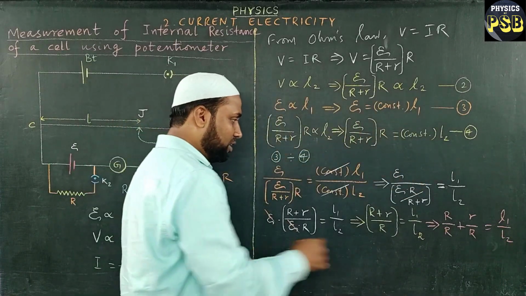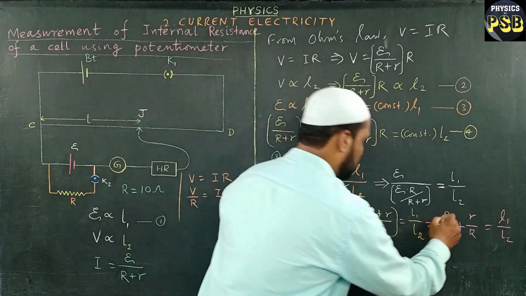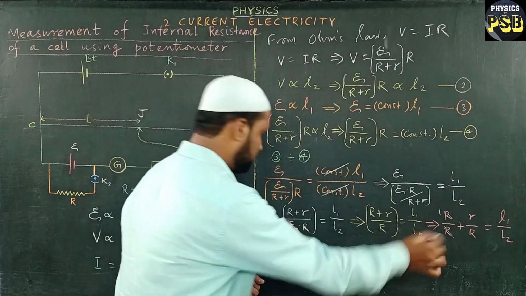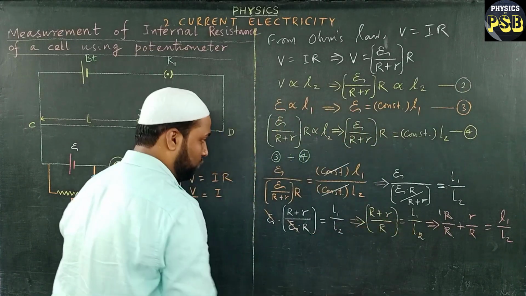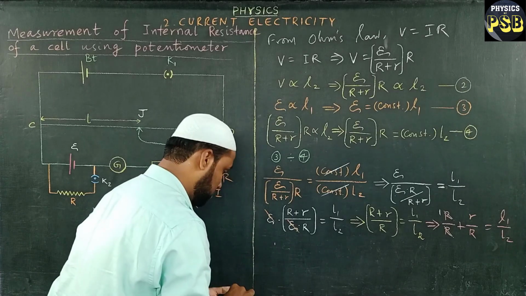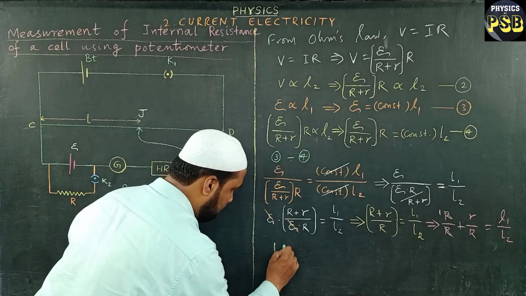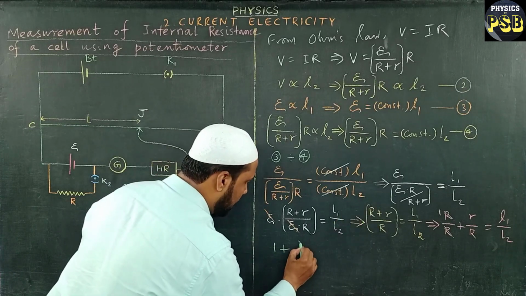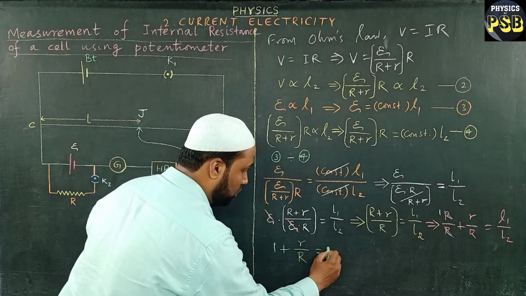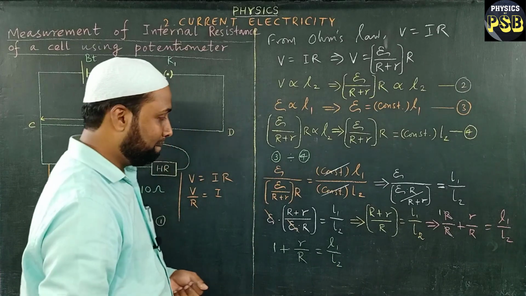Now if you look at this, these two get cancelled, it becomes 1. So this equation can be written as 1 plus r upon capital R is equal to L1 upon L2.